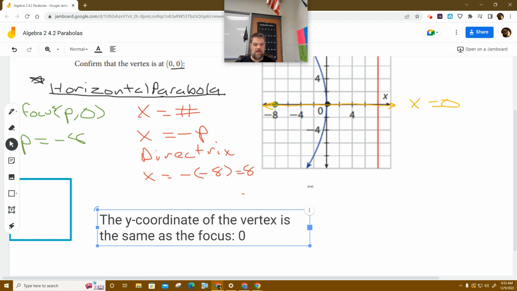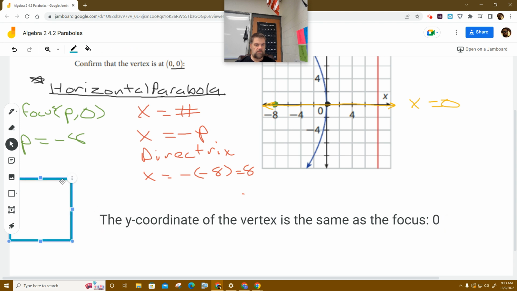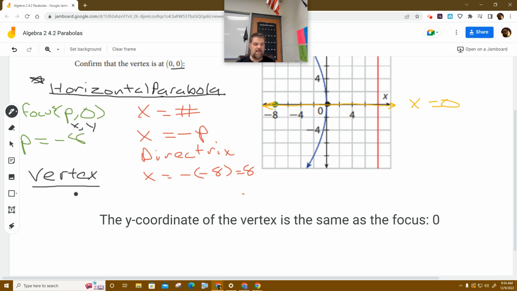So whatever this y value is, in other words, if I think of this in terms of being an x comma y, my vertex, which occurs on the line of symmetry, it's going to be this y value of 0.